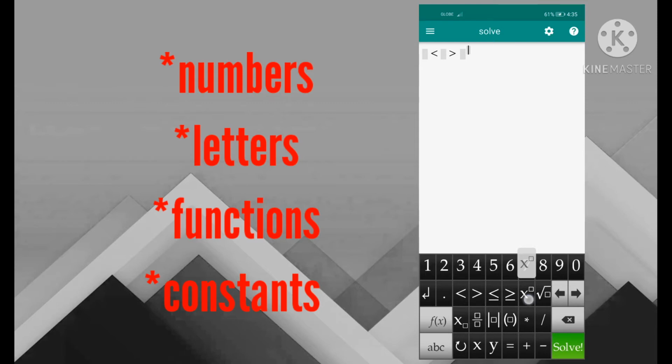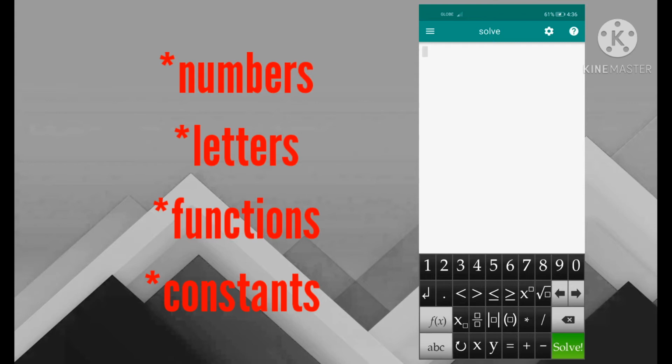So, ito yung gagamitin natin sa pag-i-input o pag-i-encode ng ating mga exponent. So, if you are familiar with your keyboards o keyboard ng ating mga computers, so ito yung sinasabi nating superscript. Meron tayong superscript, meron tayong subscript.